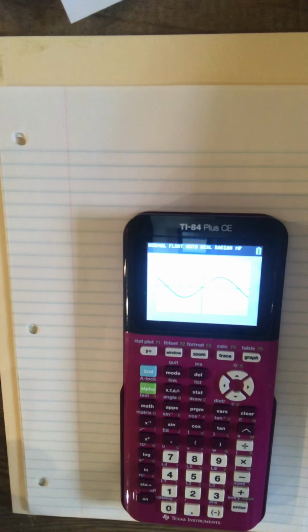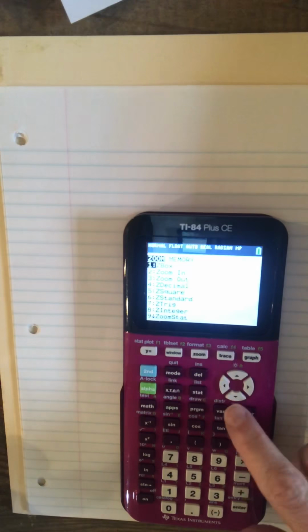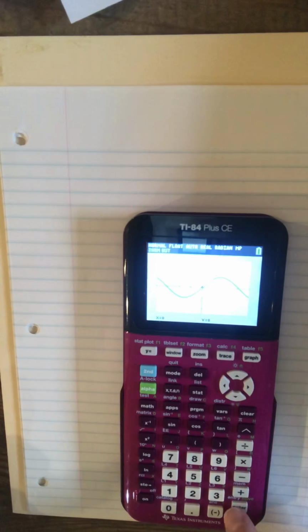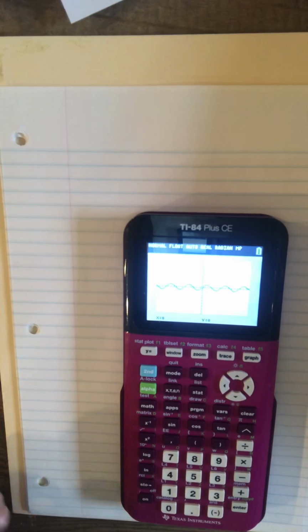But what I want to talk about is when we looked at our sine function, and I can keep on zooming this out if I want to. If I zoom it out, it really looked like this. The pattern kept on going forever and ever in both directions. But we noticed that there was a max and a min, so there was a restriction on what sine theta could be.